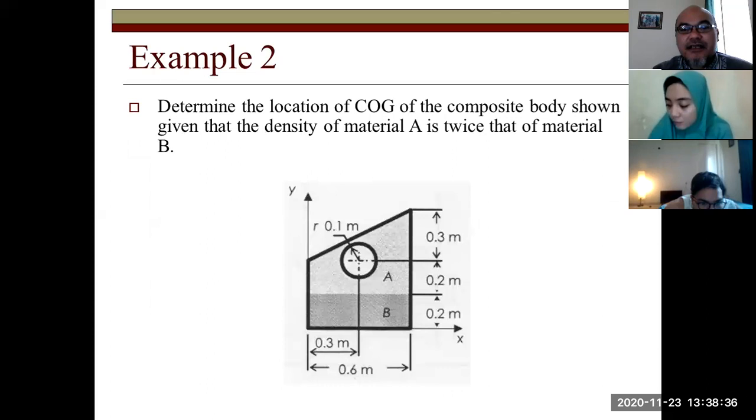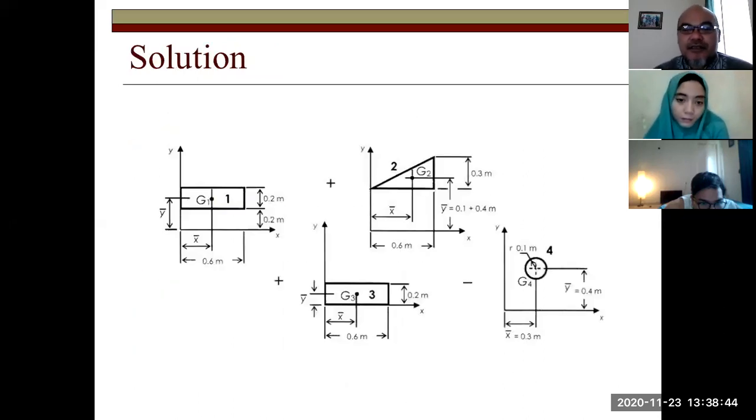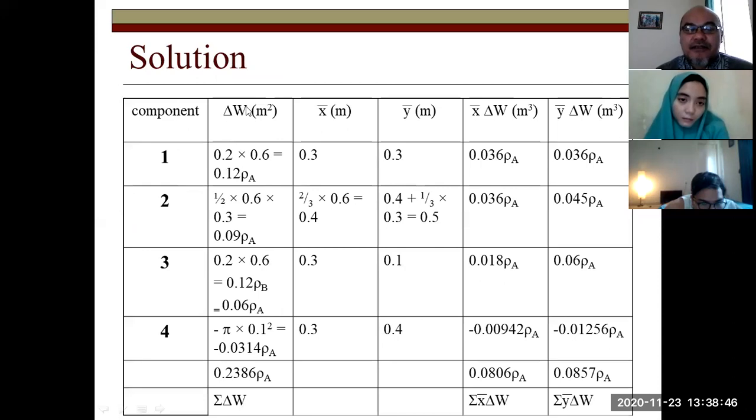However, in the second example, since now density is not homogeneous, we have to put that into the calculation. So here the delta W cannot just be the area, but we have to also multiply it with the density rho A, the density of A.